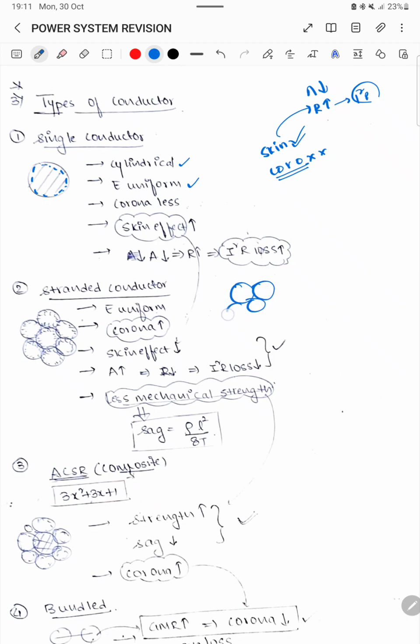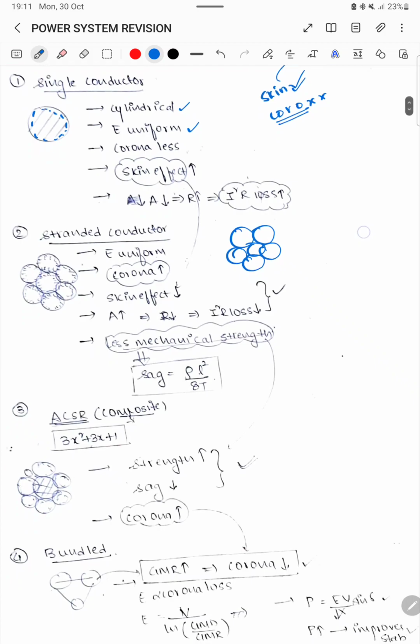In stranding of the conductor, what happens? Skin effect is reduced. Now it looks a little bit uniform, right? But now these are sharp boundaries, and this causes an increase in corona. Corona losses are increased.